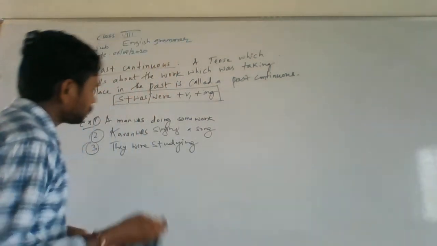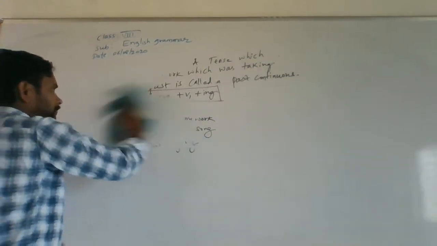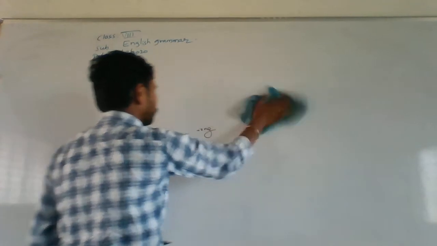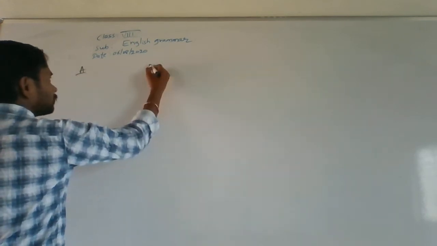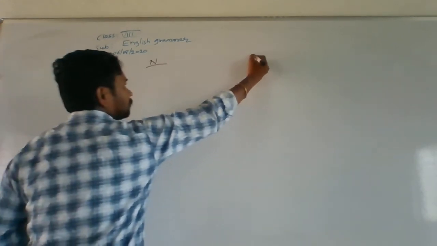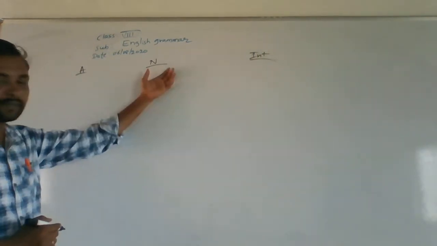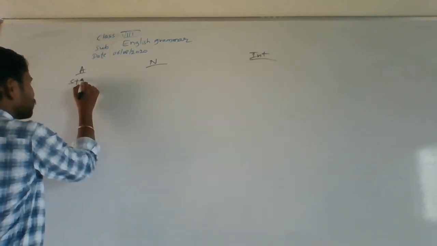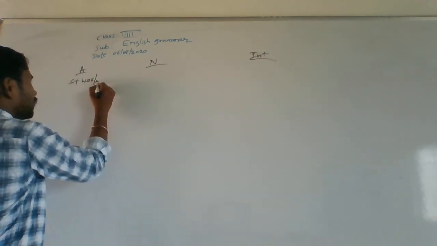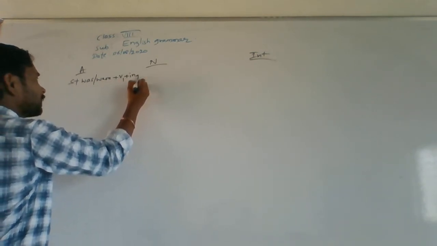Let's take one example of how to make negative and interrogative. Assertive, negative, then finally interrogative. Assertive: subject, was or were, next V1 plus ing.